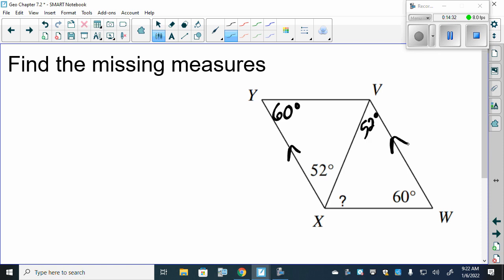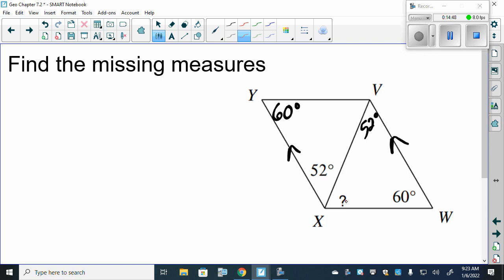Now it's very tempting to say that this missing angle here is 52 degrees, but it's not, because this diagonal does not bisect the angle.